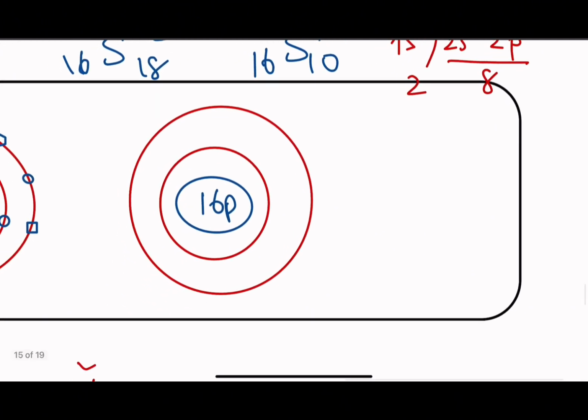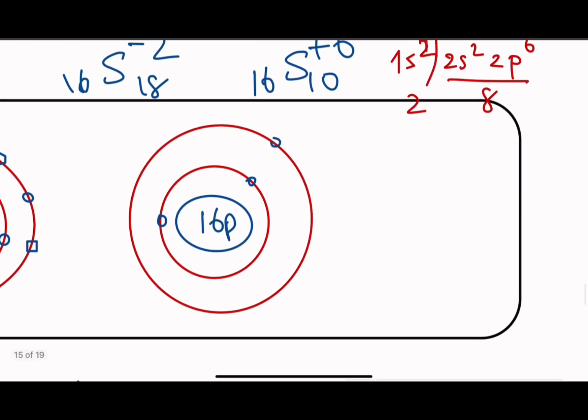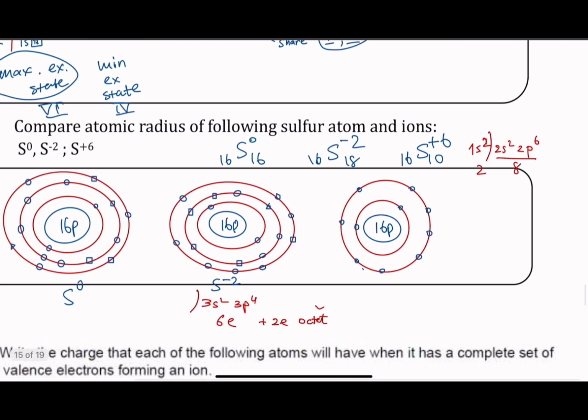Now if you write the electrons filling the orbitals, 2 electrons on the first shell, and then 8 more. So altogether we have 10 electrons here, and this is plus 6.